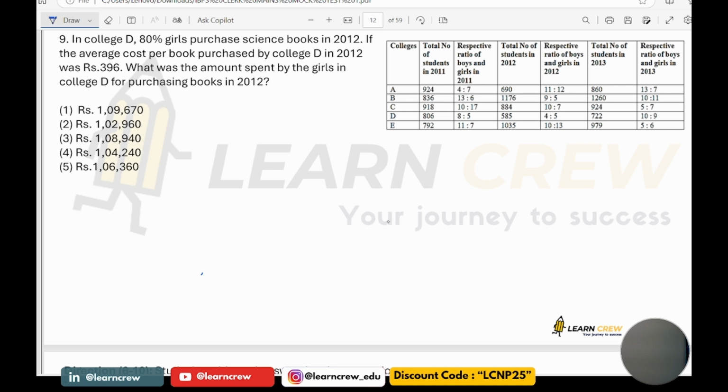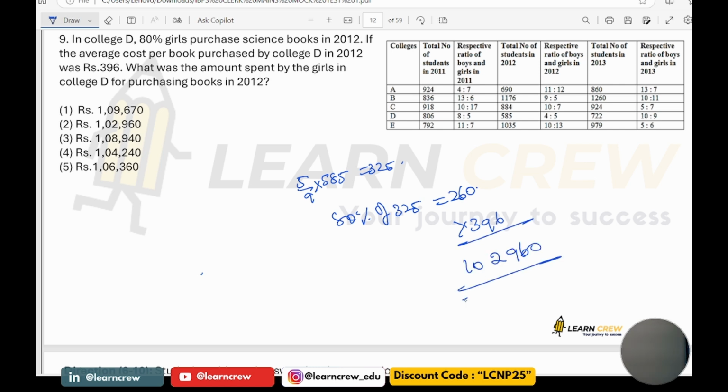If you see here, girls in college D in 2012 is 5 by 9th of 585, which is equal to 325. It is given that 80% of 325 is 260. So now 260 into 396 is 102960. So the answer is 2.